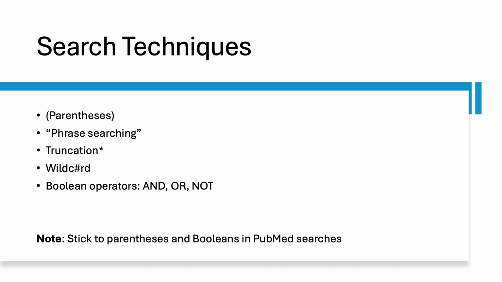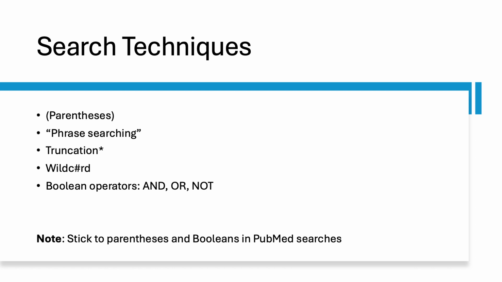This is often helpful for different spellings, especially between British and American English or things like that. And finally, we have what we call Boolean operators. That's a big and fun word that just describes the words and, or, and not. And those help us combine or exclude terms in helpful ways. I'll go into that in the next slide a little bit more.